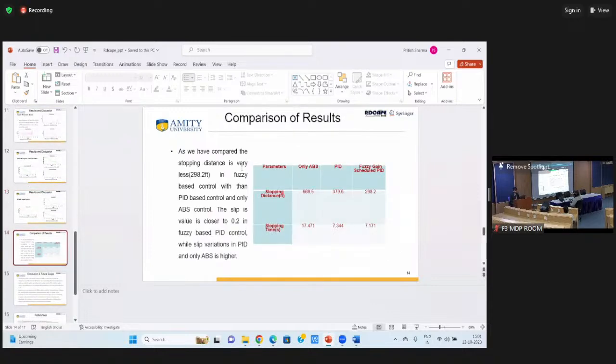Comparing the results for only ABS, PID, and the fuzzy gain scheduled PID controller, first of all we see that the stopping distance is reduced with the fuzzy logic based PID control, and the stopping time is also reduced, up to 7.1 seconds, in the fuzzy based controller.